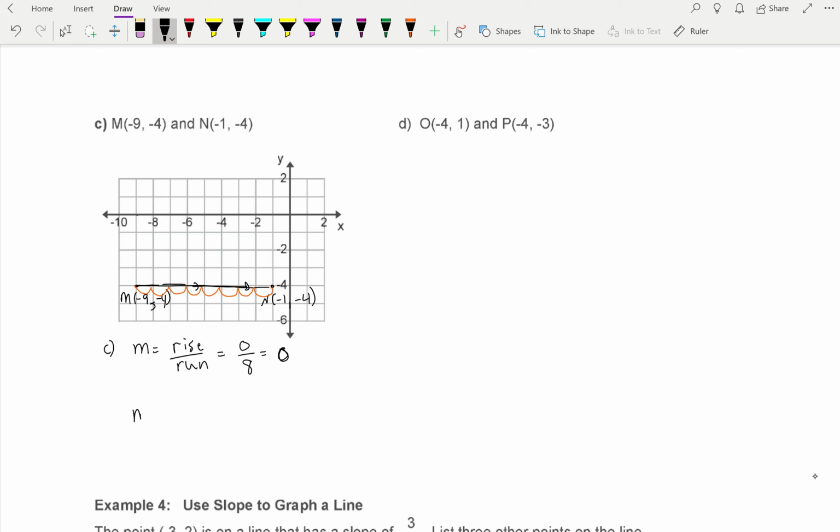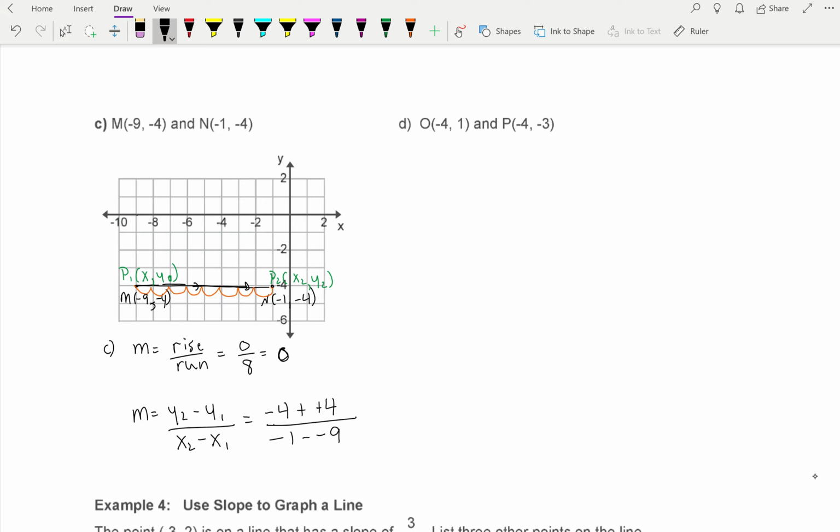Okay, if we use our slope formula, y2 minus y1 over x2 minus x1. Let's say that this is point 1 and this is point 2. Plug our numbers in. y2 is negative 4 and y1 is negative 4 and x2 is negative 1 and x1 is negative 9, so minus negative 9.